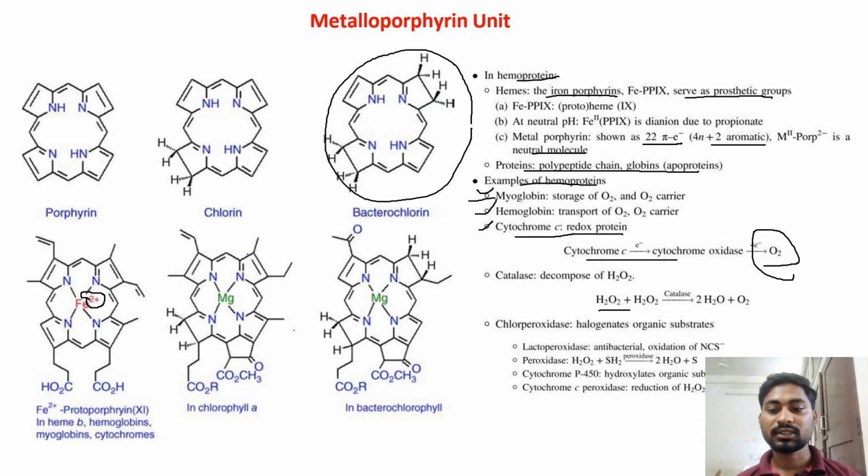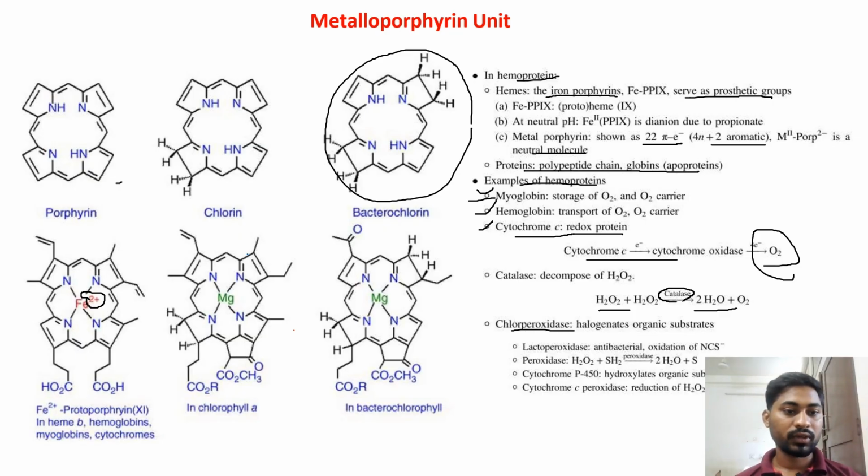This is hydrogen peroxide. 2 moles of hydrogen peroxide with catalase, which is an enzyme, produce 2 moles of water and one oxygen molecule.